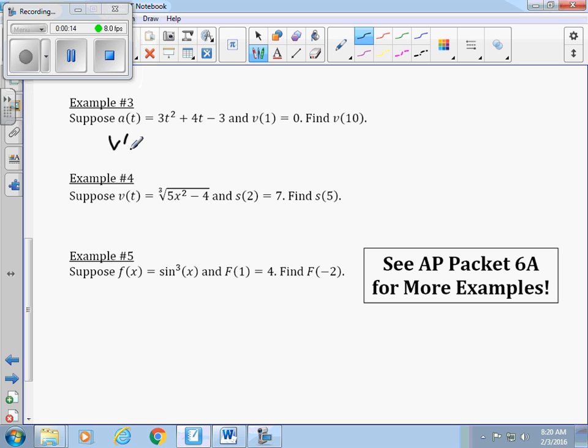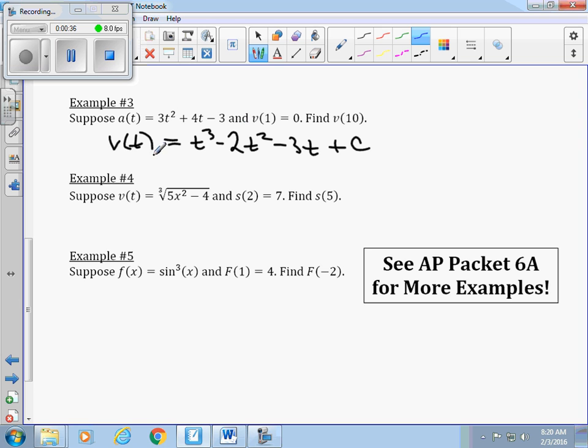Okay, so you found v of t using the antiderivative, which is? And then what? Find c by plugging in 0 for your v of t and 1 for your t.